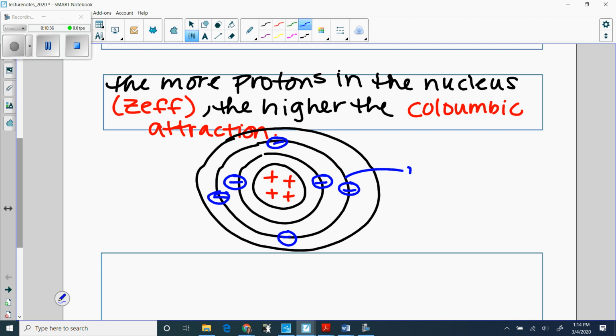Remember, the vocab for energy level is a lowercase n. The vocab for the protons in the nucleus is Z effective. Positive protons, heart, negative electrons equals the word Coulombic attraction.